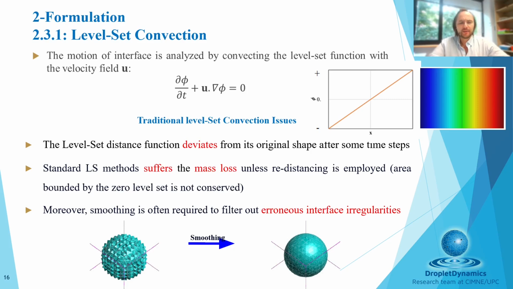And if we apply, and that's what we did in the beginning, the classical level set method, which is basically a signed distance function, which is shown here, after some time this distance function starts losing its property of the distance, and also it leads to shape deviations. It can diffuse, and also most importantly, it leads to severe mass loss unless redistancing is employed.